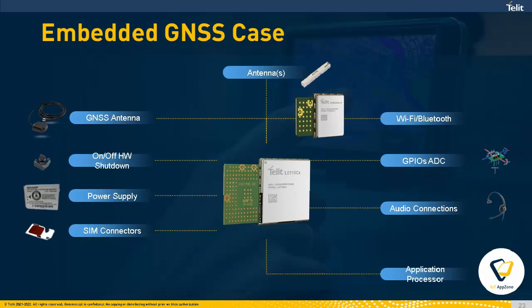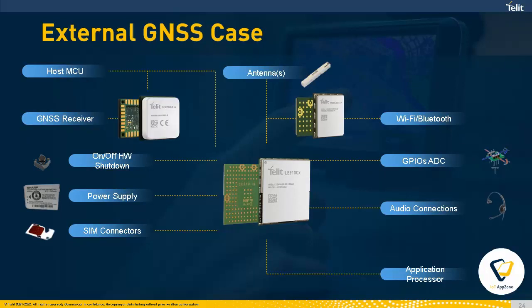So only if the application requires it, they can have a mount/no mount option for this pre-filtering stage, because this stage may introduce some insertion loss. In the case of an external GNSS, as I was saying before, there is the requirement of two interfaces. So the host MCU should control the GNSS receiver and the cellular, while the cellular may be in a bundle with the Wi-Fi or Bluetooth technologies.